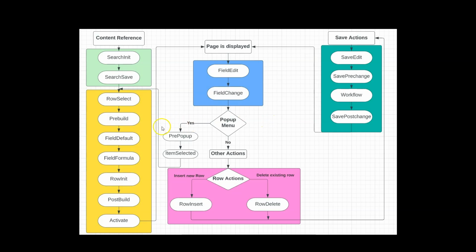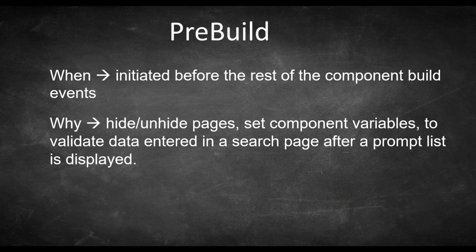As you can see from this diagram, these are the 7 events which participate in the component build activities, and PreBuild is the second event in the sequence, executed before the next 5 events for the component build process. This event is often used to hide or unhide the component pages.